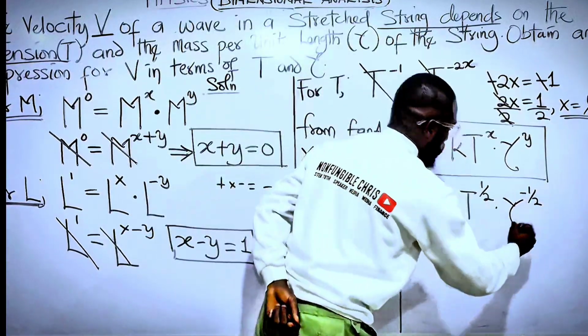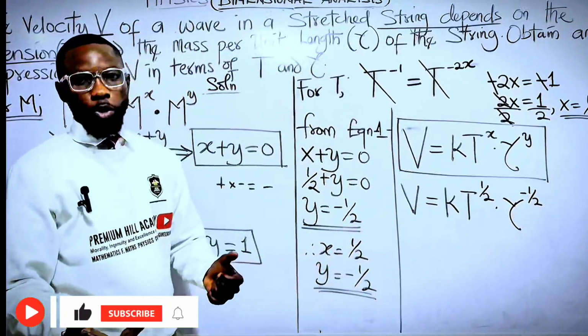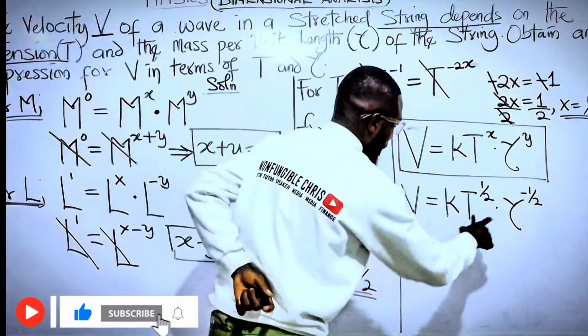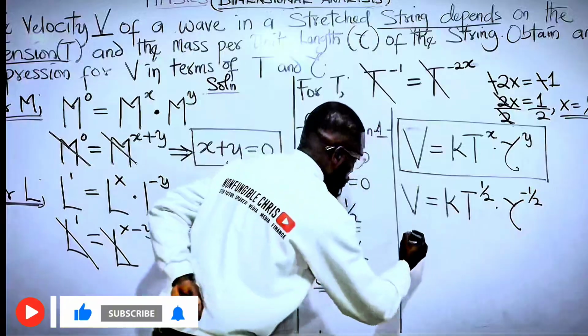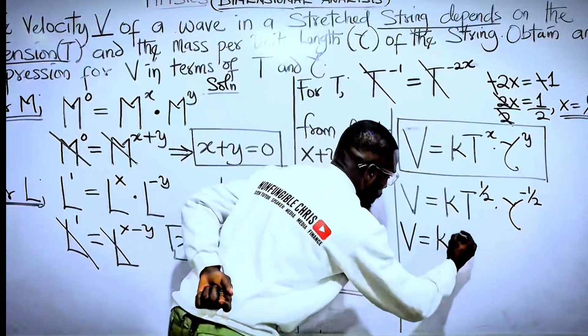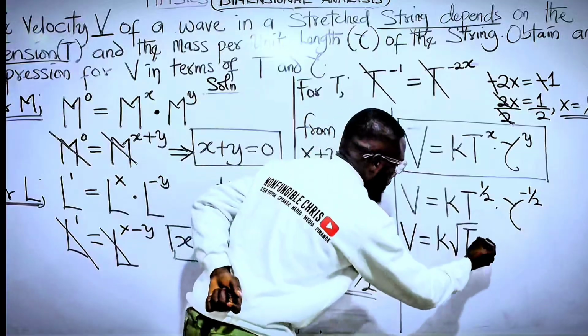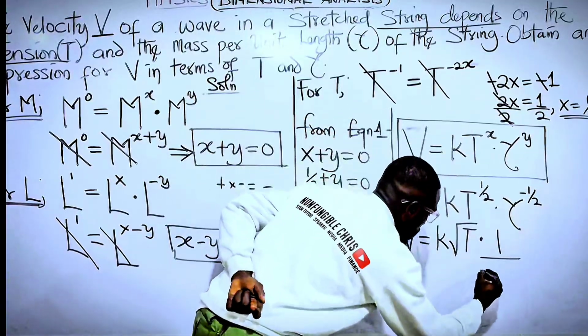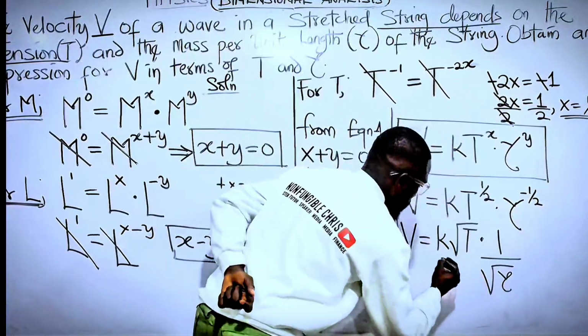minus 1 over 2. Remember what we said, 1 over 2 has to do with square roots. So my v can be equal to k square root of t times 1 over square root of gamma. This is over 1.